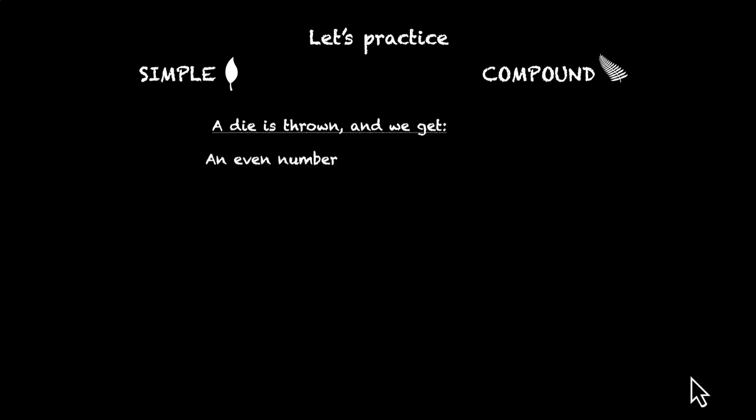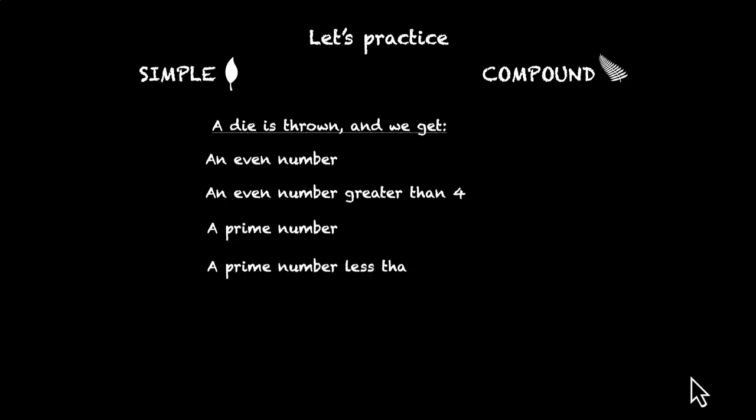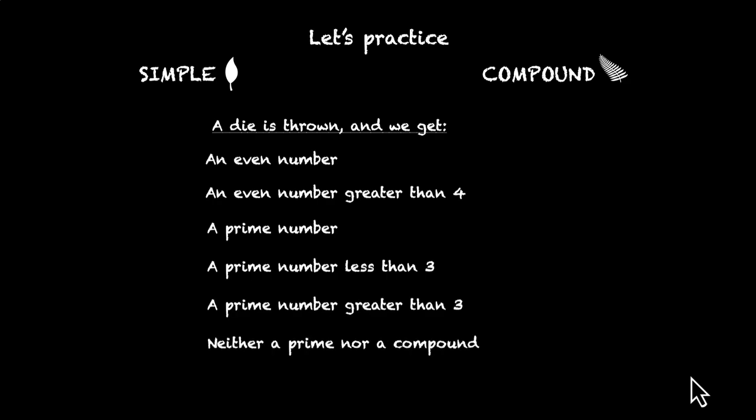Alright, the next is an even number greater than 4. Then we have a prime number. Then we have a prime number less than 3. Then we have a prime number greater than 3. Then we have neither a prime nor a compound. And finally, we have a multiple of 2 but not 3. So you need some knowledge of arithmetic as well to classify these events. Pause the video, think about these examples, and see you in a minute.